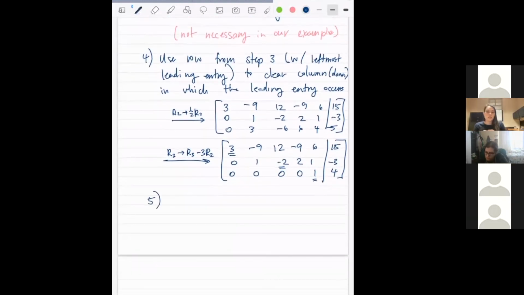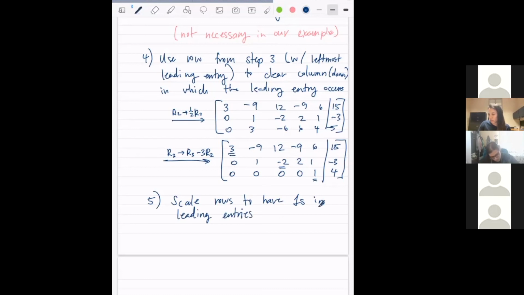We can put this in reduced row echelon form. So the first thing you have to do is scale so that you have leading ones, to have, let's say, ones in the leading entries.